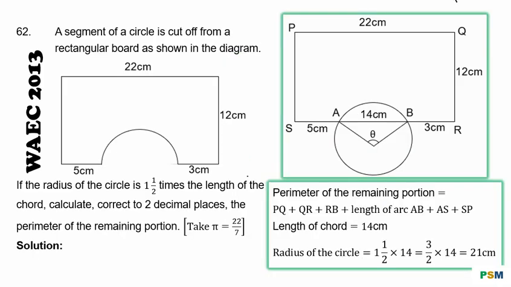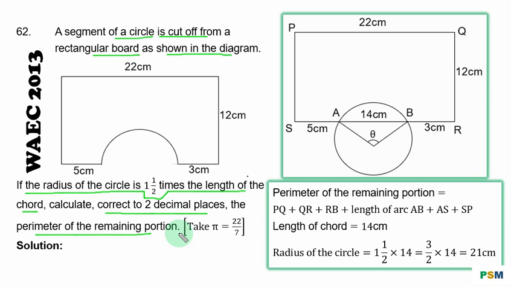Example 62. A segment of a circle is cut off from a rectangular board as shown in the diagram. If the radius of the circle is 1.5 times the length of the chord, calculate correct to 2 decimal places the perimeter of the remaining portion.